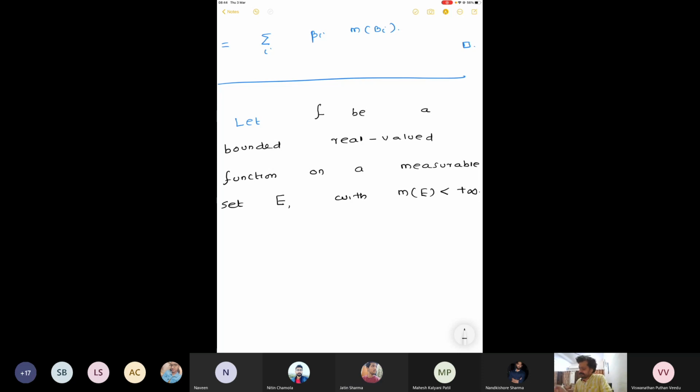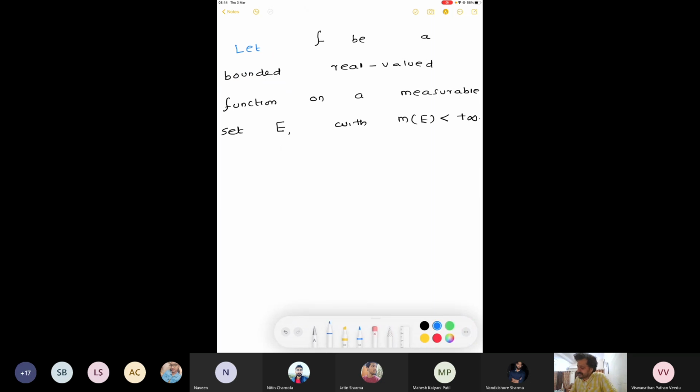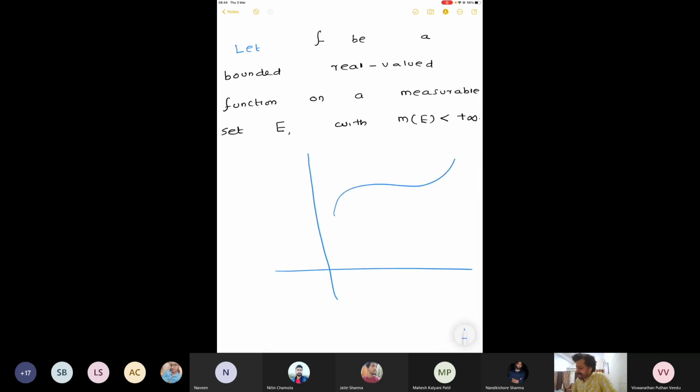Taking the infimum. So I will draw the picture instead of writing too much. You have a function like this, and an interval [a, b], divided into several subintervals. In each subinterval, let us say [x_{k-1}, x_k], you approximate this function by a constant. That constant you take as the infimum.